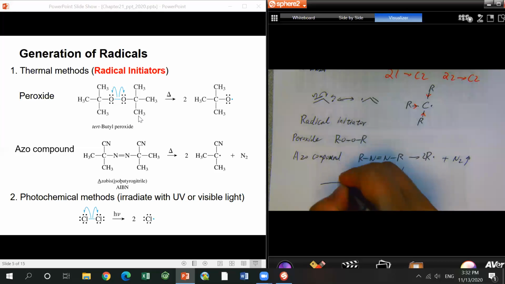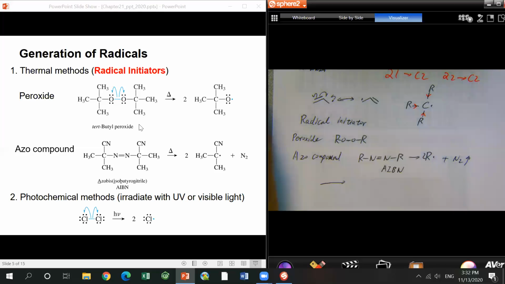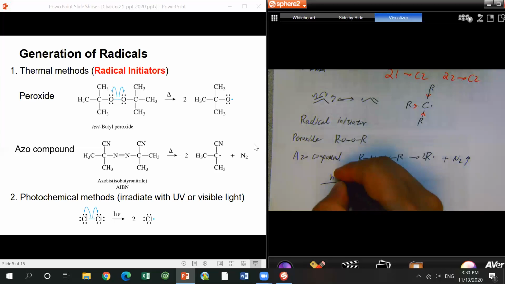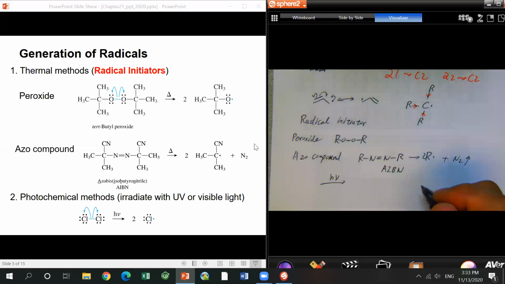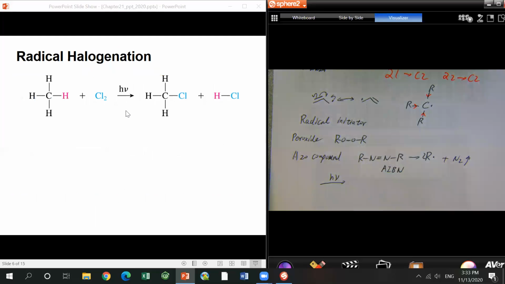For the photo reaction we learned in the previous chapter, you just put hν over the arrow. That means a photo reaction, and people know what that is. You don't need to use any other reagent. That's the radical reactions.